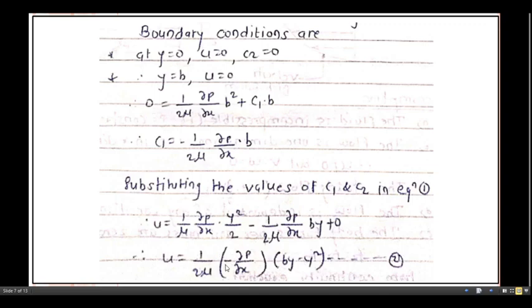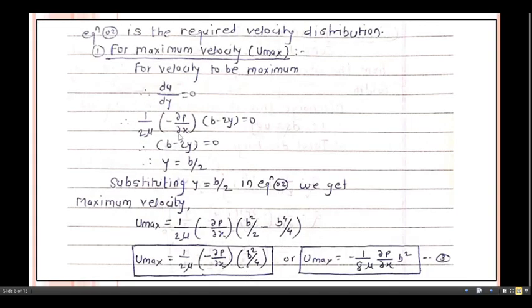So 1 upon 2 mu into minus dP by dx. This term will remain as it is because it is a constant term, and you have to just differentiate the other term. The derivative of a constant term is nothing but 0.